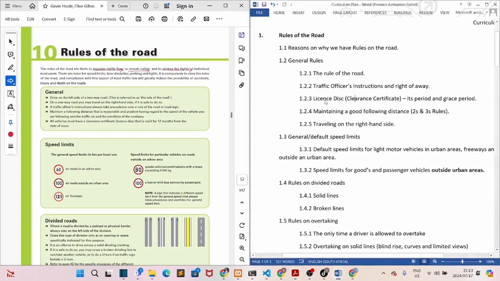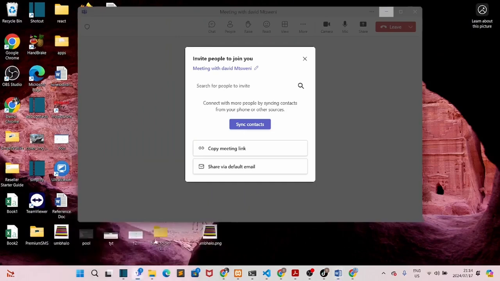The other rule under the general rules is about the license disc. Every car that's on a public road must have this disc. It is a small paper which has a date, your expiry date, name, and more information like the engine number. Every vehicle on the road must have that.